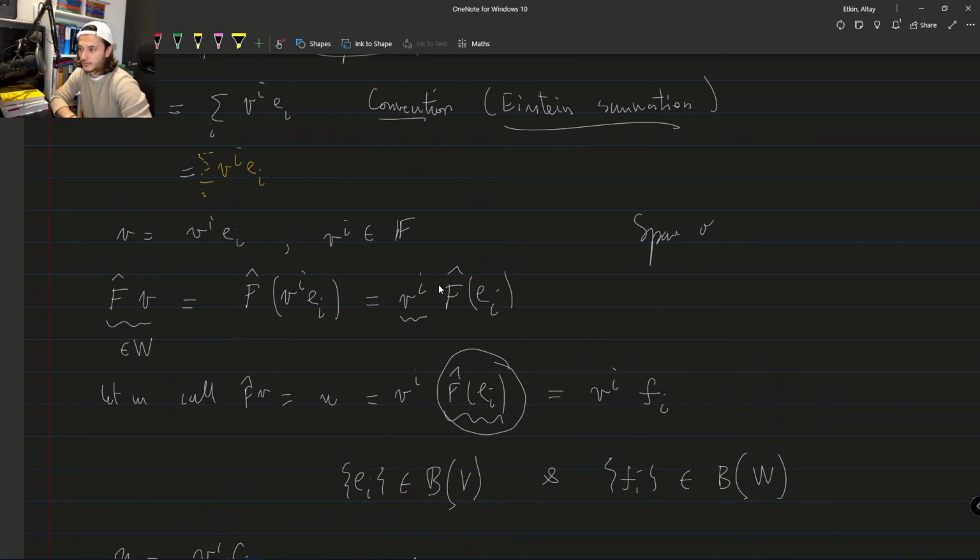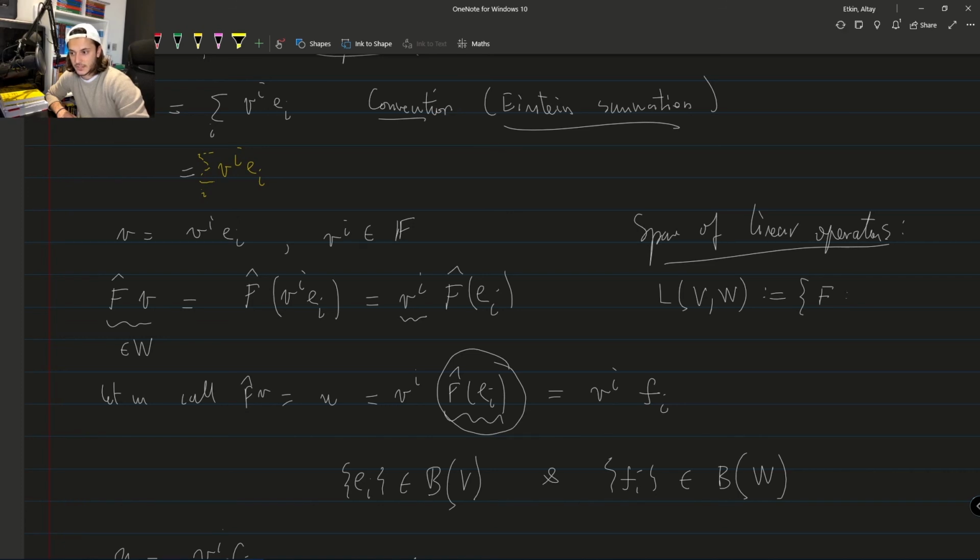So the space of linear operators is sometimes called dual, but it's called the space of linear operators, and it's usually denoted with different notations, either by L of VW, where we have vector spaces V and W, so this is basically the set of all maps F that eat V and then spit linearly into W, or this thing called the homomorphism of V to W, same notation.